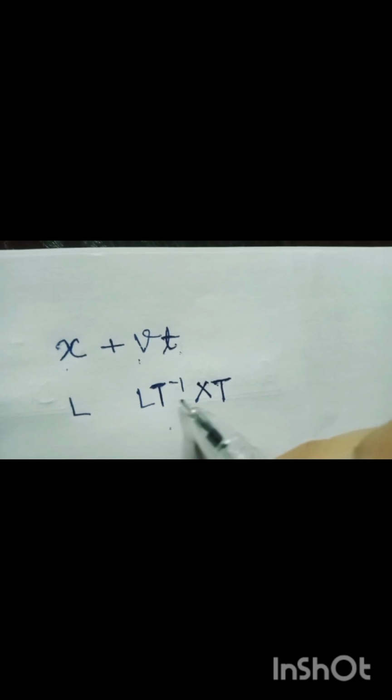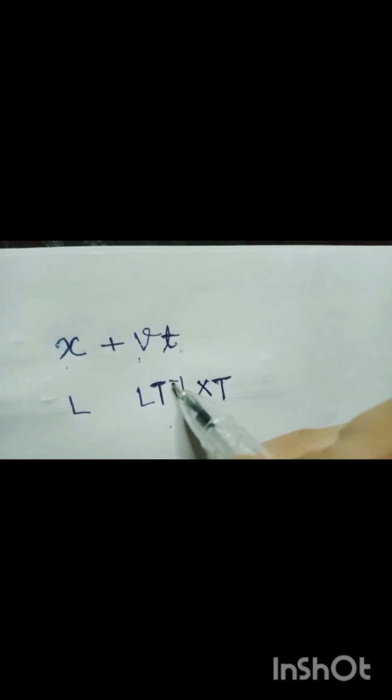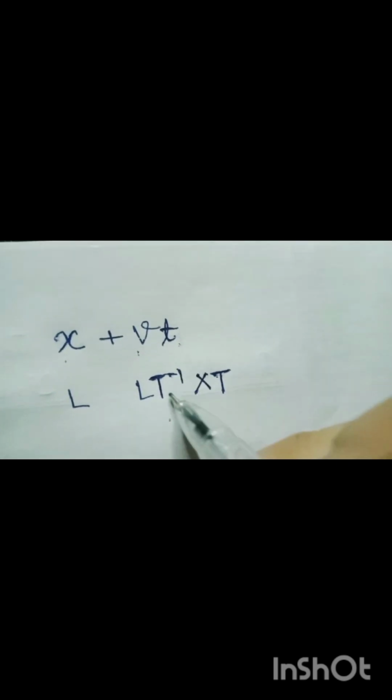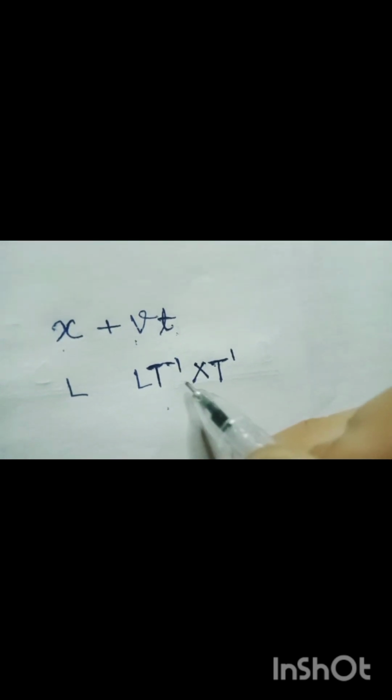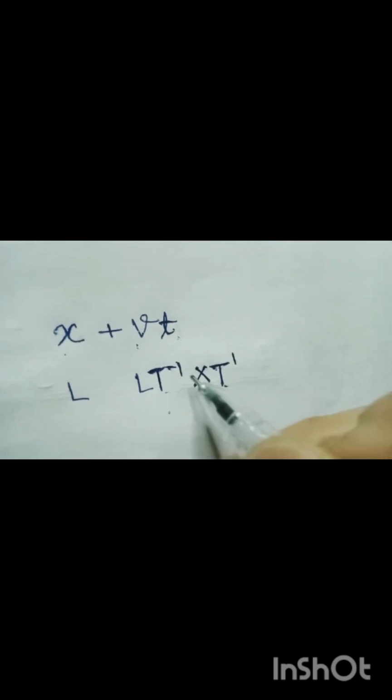We apply basic algebra to find out the power of t. Here it is t to the power minus 1, and in this t the power is 1. So when bases are multiplied, the powers get added. So minus 1 plus 1 becomes 0.